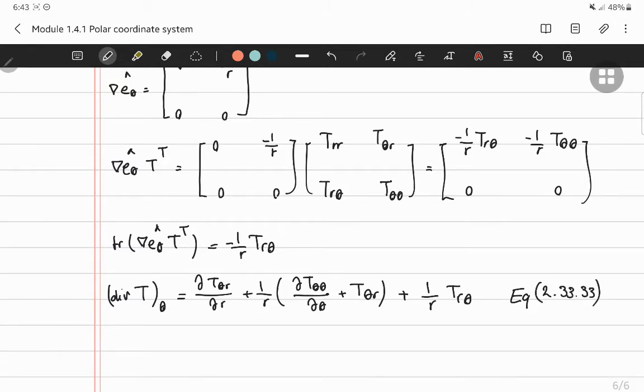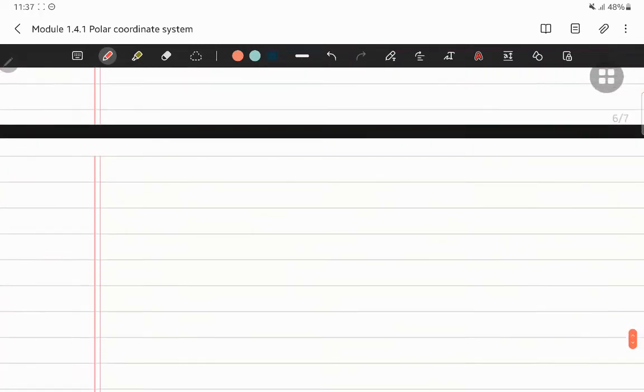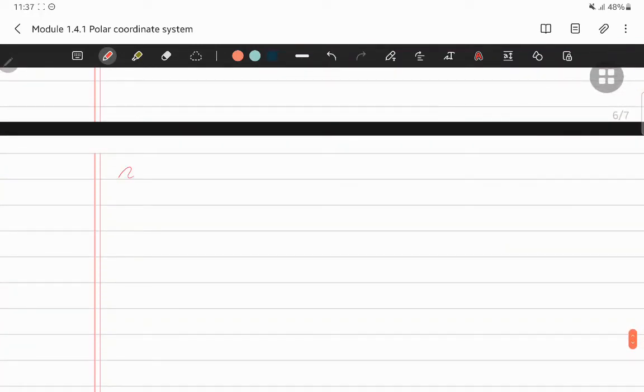Great. Let's get to the Laplacian of a scalar field.